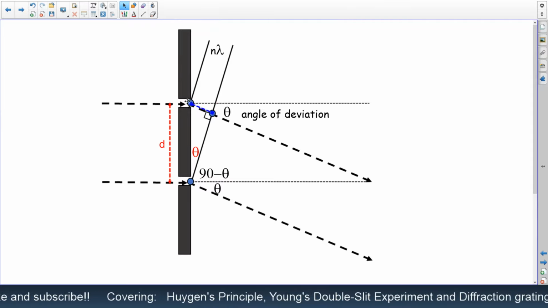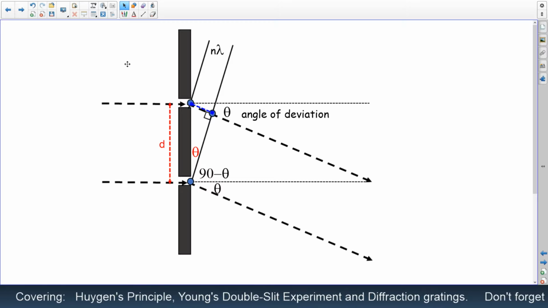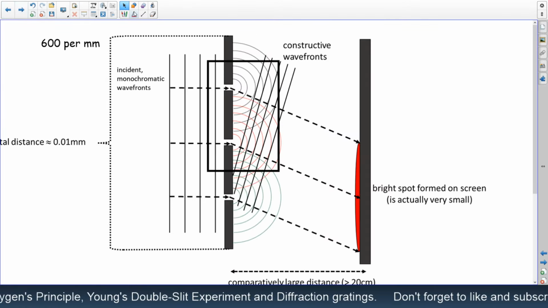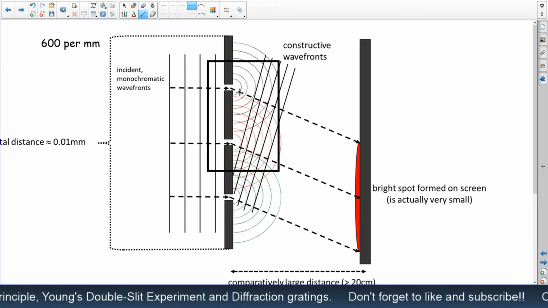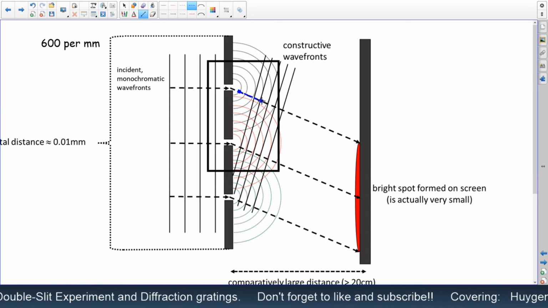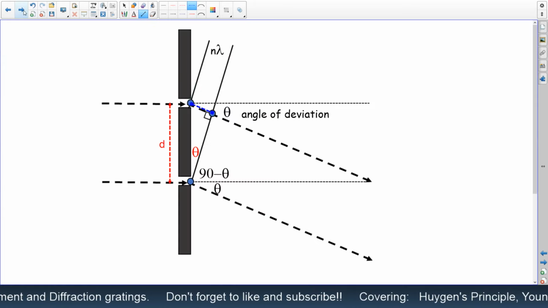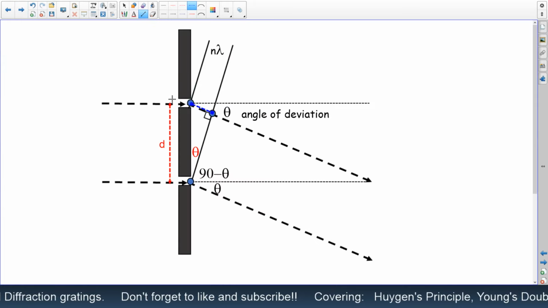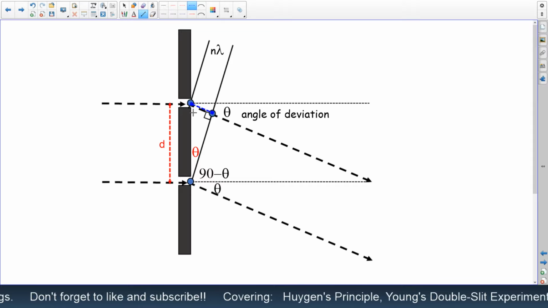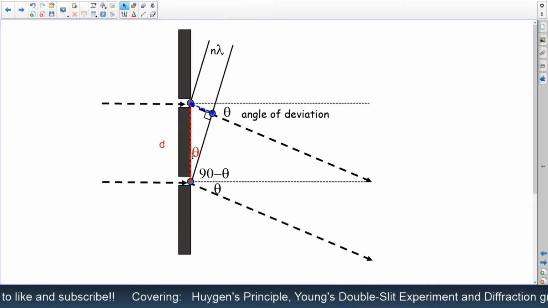Which is the distance between a crest on one of my wavelets and some future crest on one of my other wavelets. So in my little diagram here, it's the distance, say, between this crest and maybe this one out here. Yeah? Okay, so that'll be 4 lambda as opposed to just lambda. So this is some n lambda. Now, what we've got here is a right angle triangle, because that's a right angle. That's d, and we're going to move that in here to form the hypotenuse of my right angle triangle.